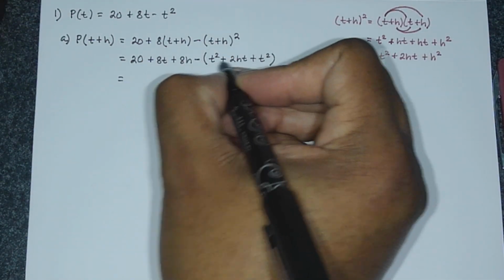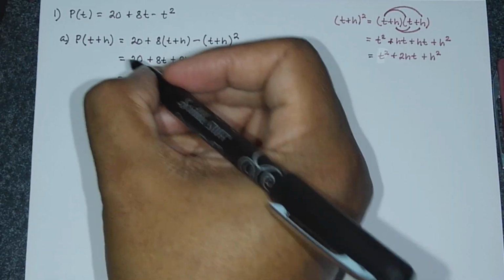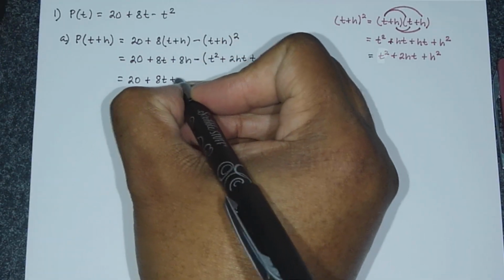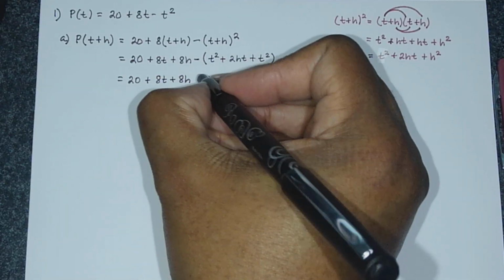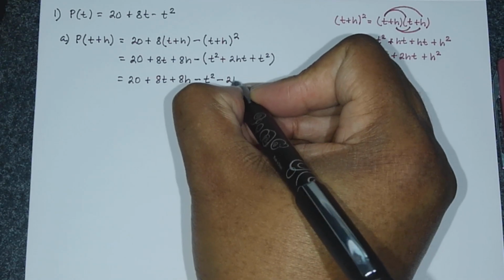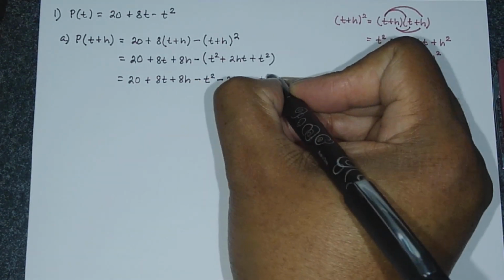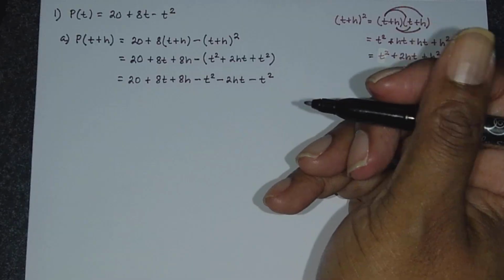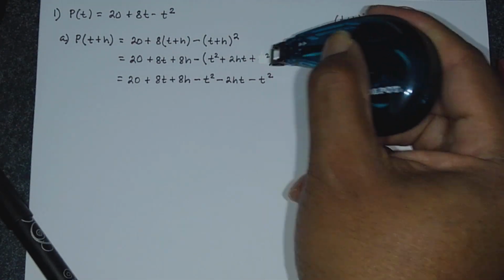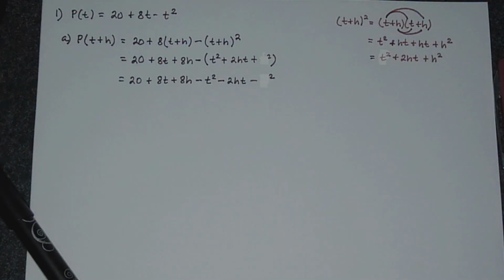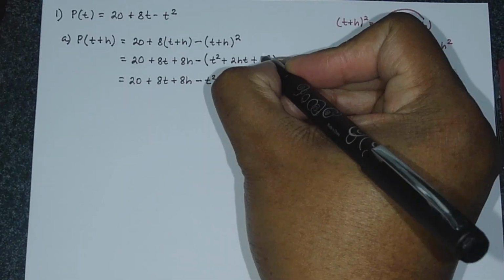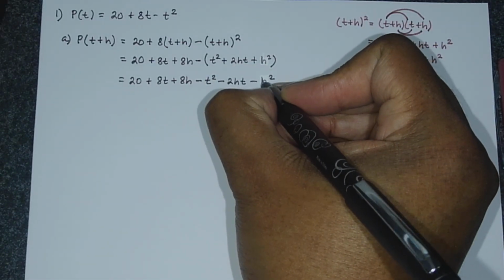And then if I distribute that negative over the T squared plus 2HT plus H squared, I bring this down. Everything in the parentheses changes to the opposite sign, so I'm going to have a minus T squared, and then a minus 2HT, then a minus H squared.